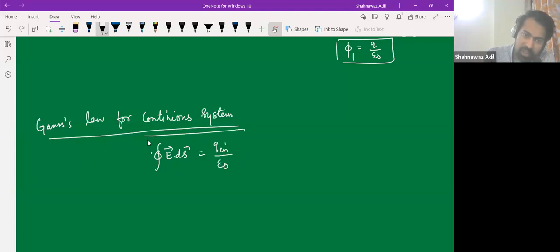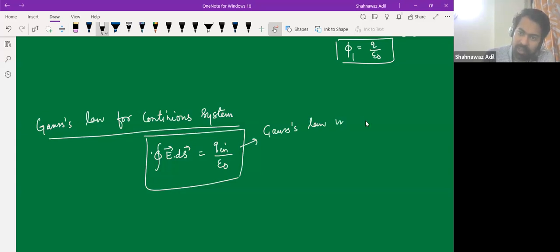So this is the Gauss law in integral form, right? I have skipped so many things because I want to cover this very quickly.